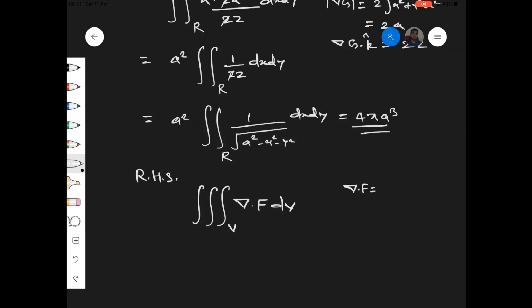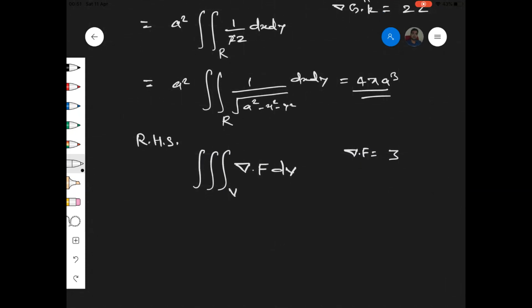The divergence of f is going to be 3. So let's put the value of this divergence of f into this integral over V, 3 dV, and here this V is actually the region which is enclosed by the given surface.